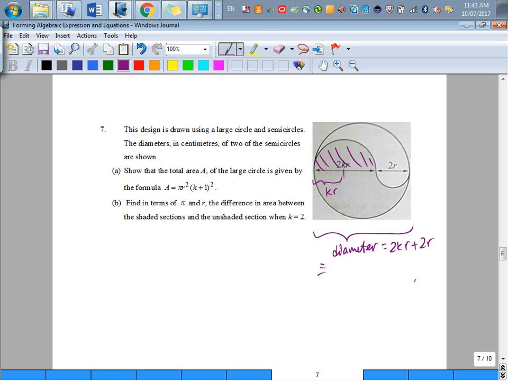So therefore, radius equals kr plus r, which is r times k plus 1. This is the big circle. The radius must be half of the diameter. And of course the small circle, the radius is just half of 2r. You get r.